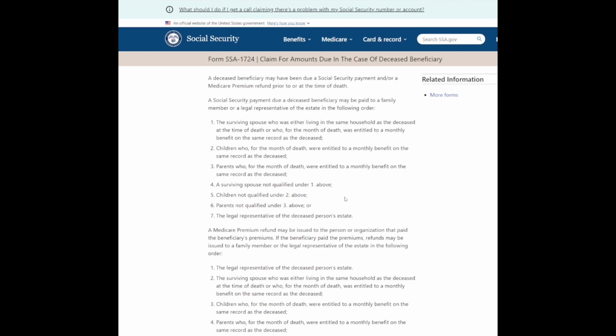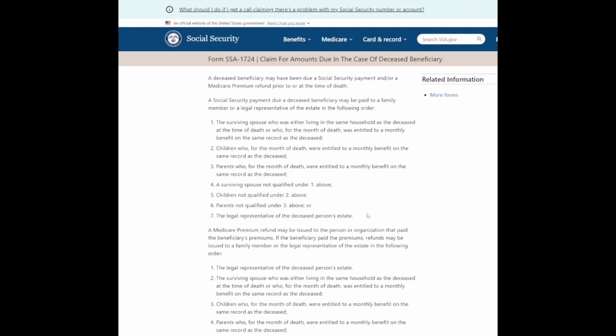So this would be, let's say, you're married and your spouse's record is high enough to where they receive benefits under their own record and you receive benefits under your own record, and those two records are not connected for monetary purposes, then again, it would revert back to your surviving spouse. So it could be whether you're married and living together, or maybe married and separated. Again, it's going to revert back to number 4 at that point, if 1, 2, and 3 are not eligible to be paid.